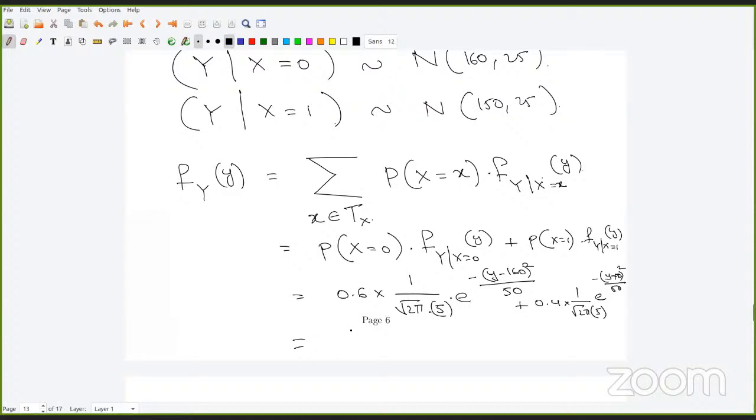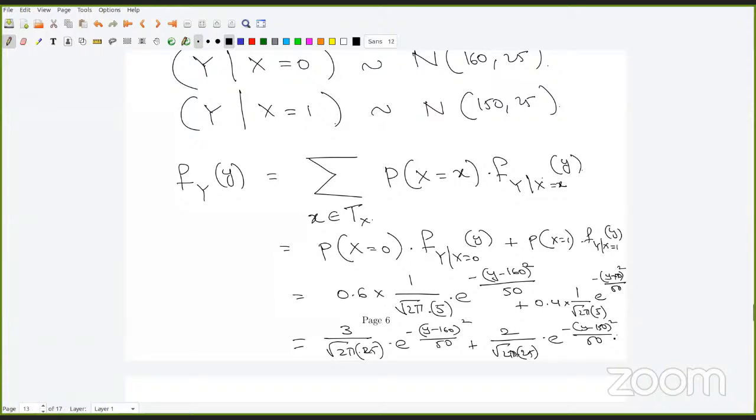If you simplify this, you will get 3 by root 2 pi 25 into e to the power minus (y minus 160) whole square divided by 50, plus 2 by root 2 pi 25 into e to the power minus (y minus 150) whole square by 50.